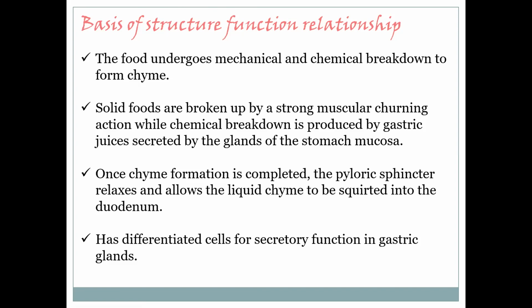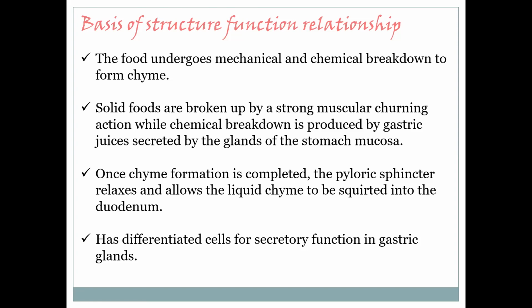Once the chyme is formed, the pyloric sphincter relaxes and allows the liquid chyme to be squirted into the duodenum. And the rate of releasing the liquid chyme to the duodenum is also controlled by the pyloric sphincter.